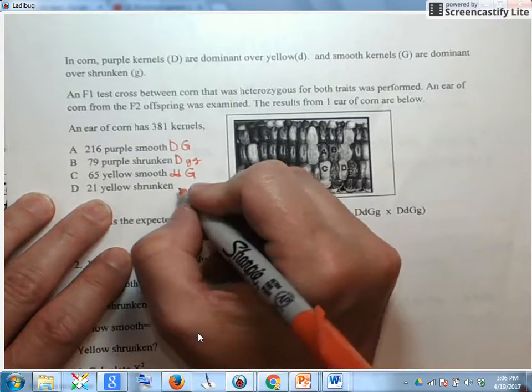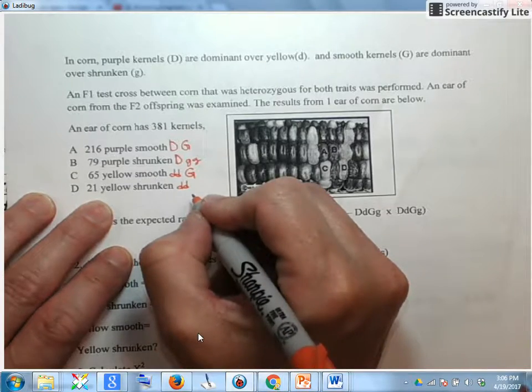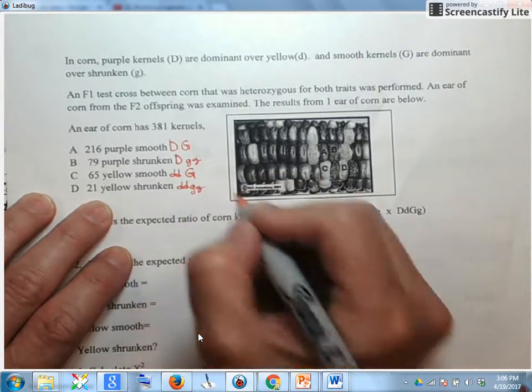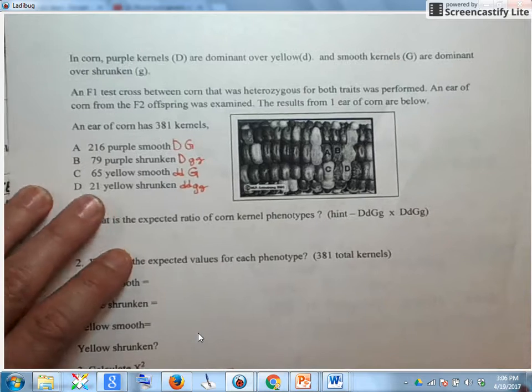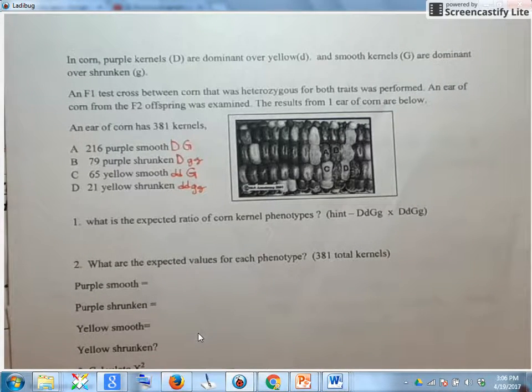And then we have 21 that are yellow, little d, and shrunken, little g. So that's our data. So we're about to do a chi-square to see if our data gives us acceptable data. We can repeat our experiment and see if it's acceptable in the statistical world.